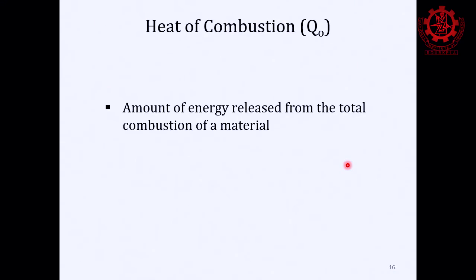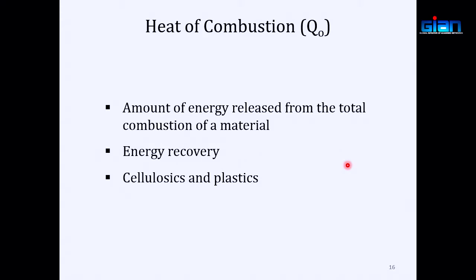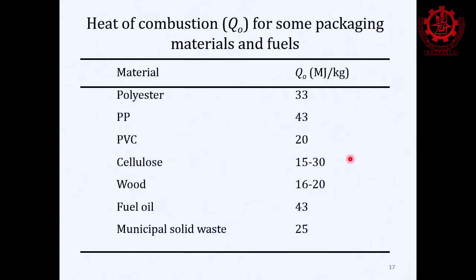Heat of combustion is the amount of energy released from the total combustion of a material. It's basically important in terms of energy recovery. Rather than throwing that material away, you want to recover some energy. And that happens with two materials, cellulose-based material and plastic. So this is giving you the heat of combustion.